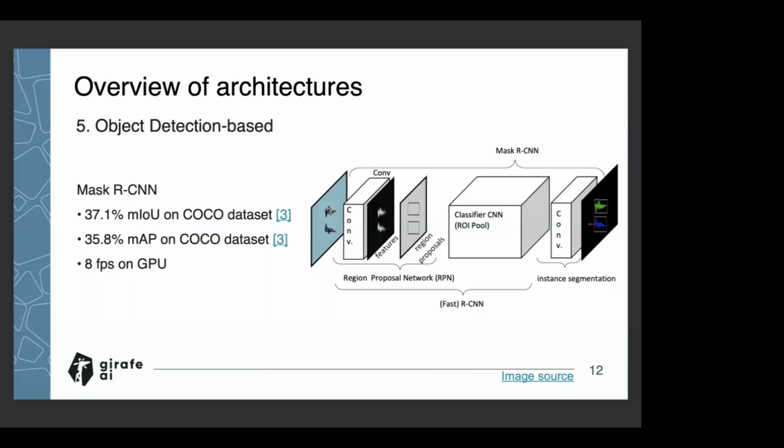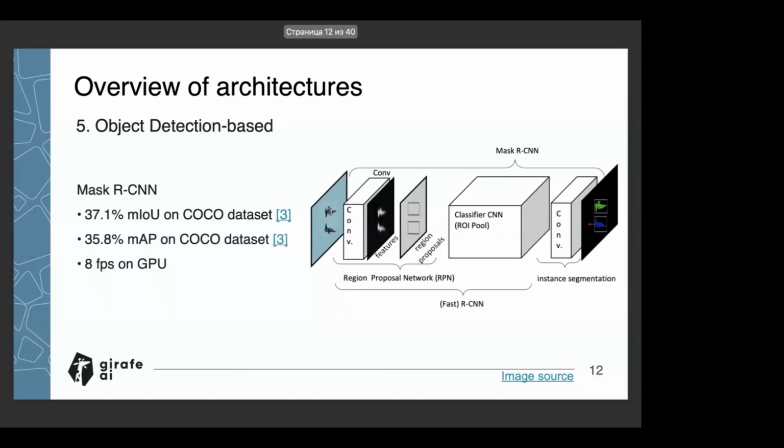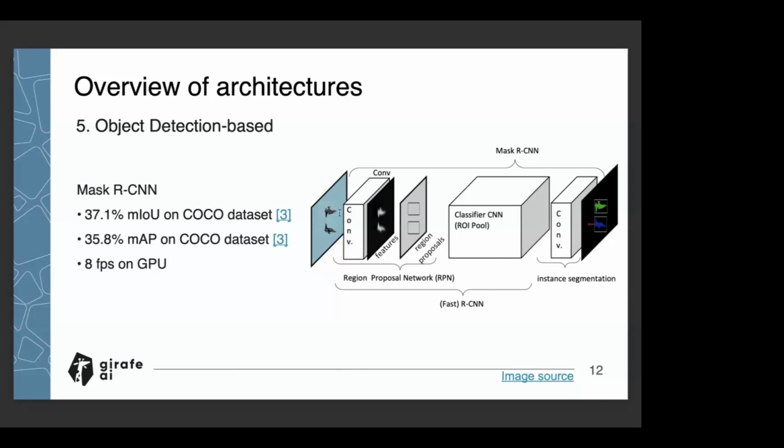So we call it object detection based, which means it's actually segmentation, right? Both segmentation and detection, but the final result is a segmentation, right? Yeah, the final result is the input image with instance segmentation. Okay, all right.